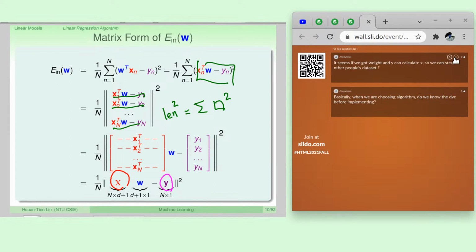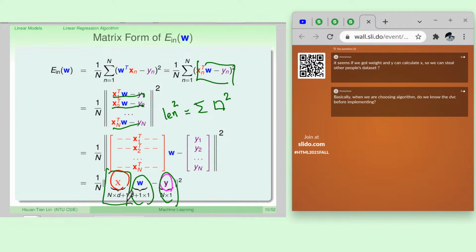It seems that if we get weight and y we can calculate x, so can we steal other people's data sets? That's a very interesting thought, about whether we can calculate x from w and y. If you think about it, maybe we cannot calculate x from w and y, at least not fully, because w is a vector with d plus 1 values, and y is a vector with n values, but you're trying to reconstruct a very big matrix that's n by d plus 1.